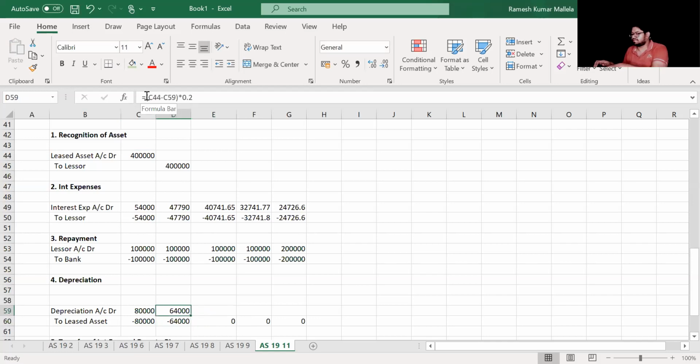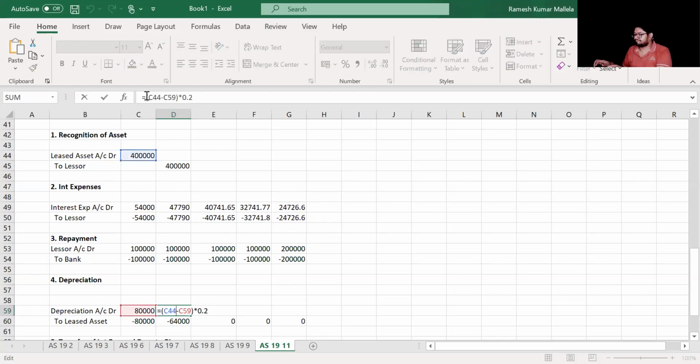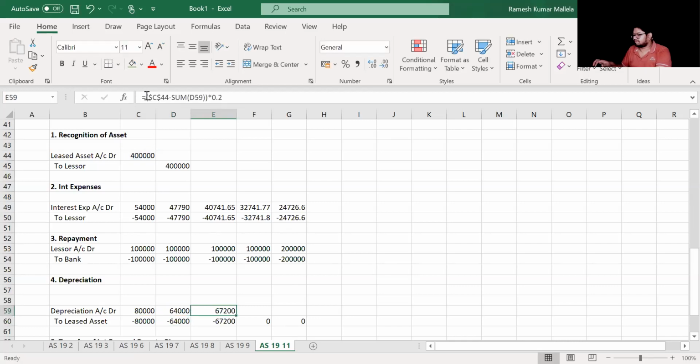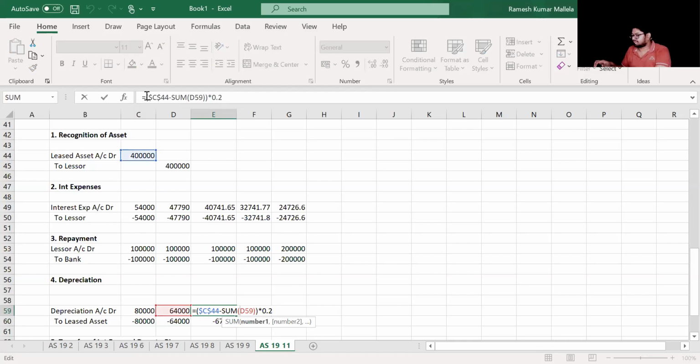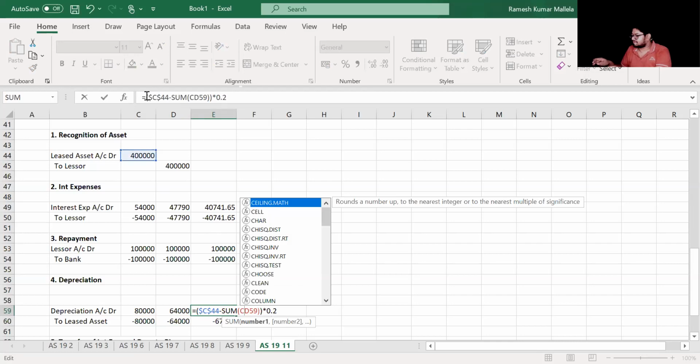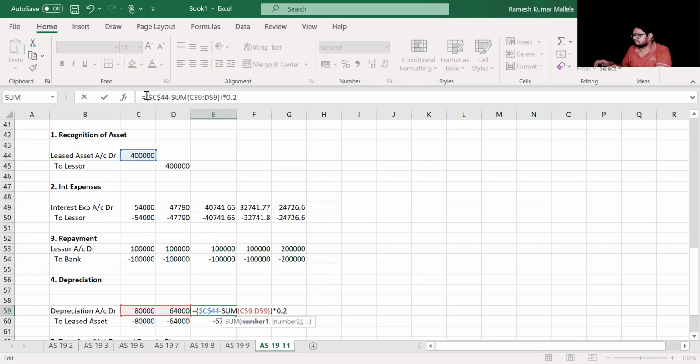So the third year, it's going to be C59 to D59 into 0.2.